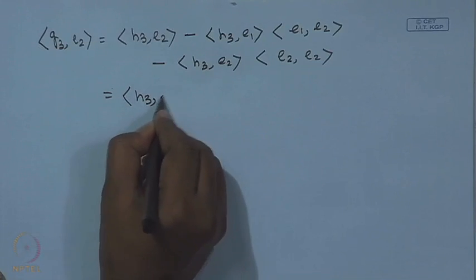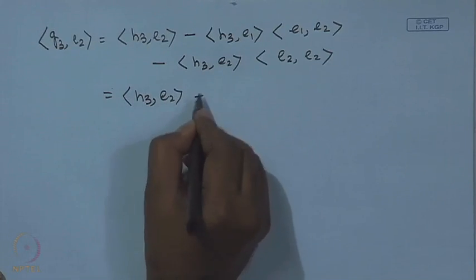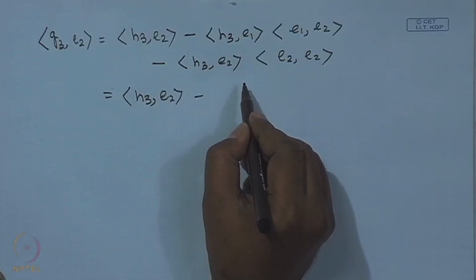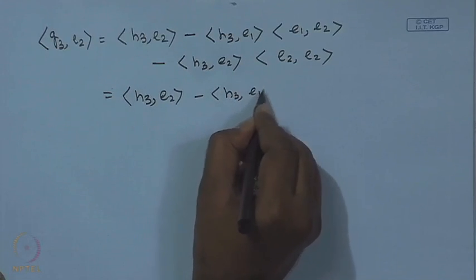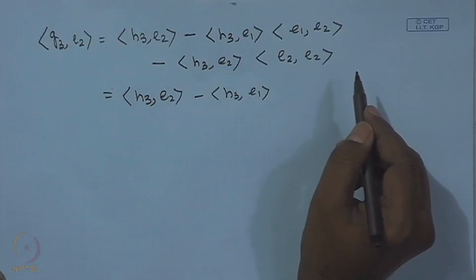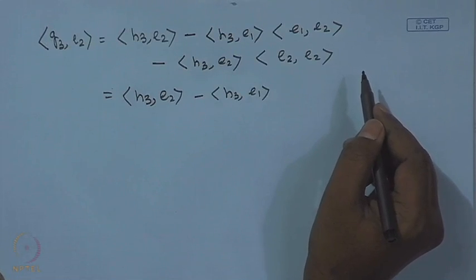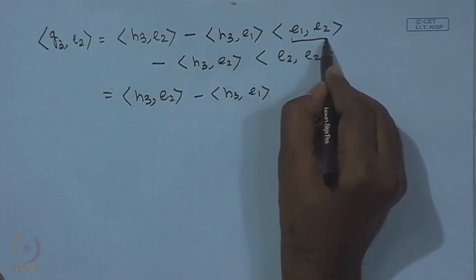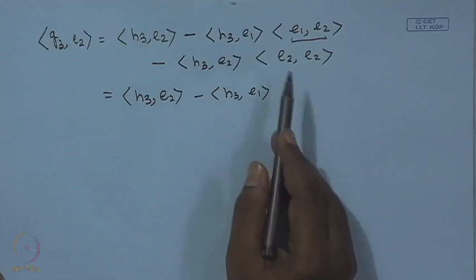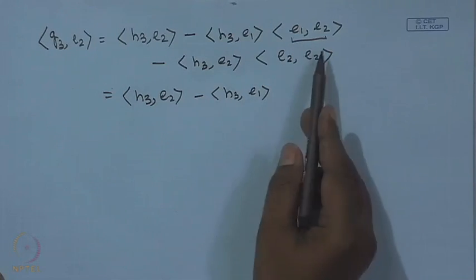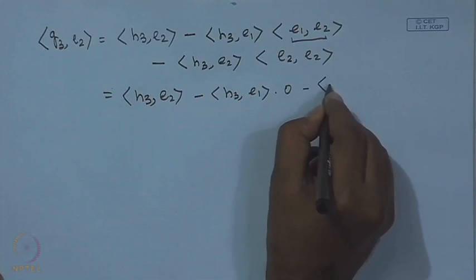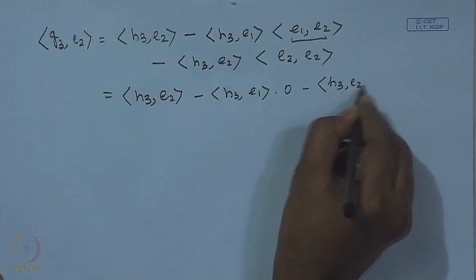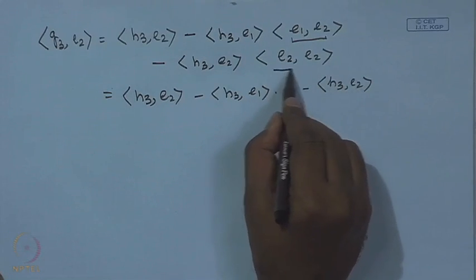So, let us see what we get. This is inner product of H3 and E2 minus inner product of H3 and E1, and we have already said and proved that E1 and E2 are mutually orthogonal to each other. So, therefore, inner product of E1 and E2 will be equal to 0, minus inner product of H3 and E2, and what is inner product of E2 and E2?